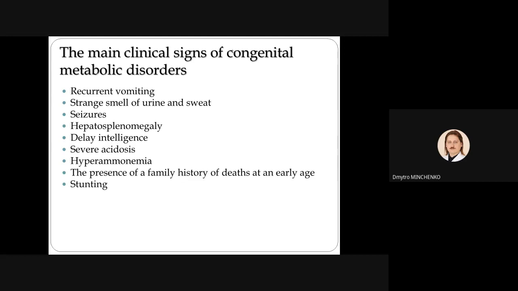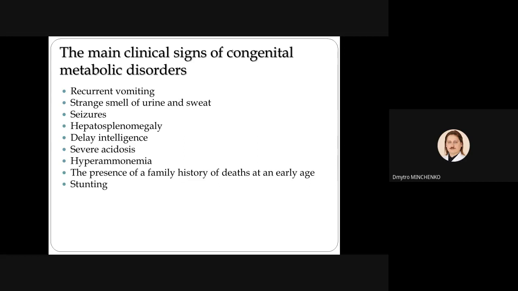Seizures. Seizures are a big one. They're always considered a critical clinical sign that requires hospitalization and a diagnosis to be made. And one of the possible ones that you should consider in these cases are, of course, congenital metabolic disorders. Hepatosplenomegaly, as we've observed from several slides, and of course, there are many, many more metabolic diseases. The ones that I showed are just the tip of the iceberg, just an example.